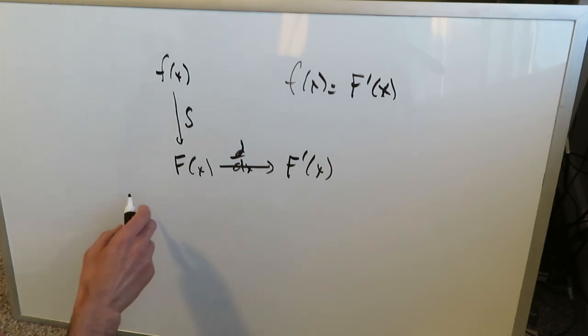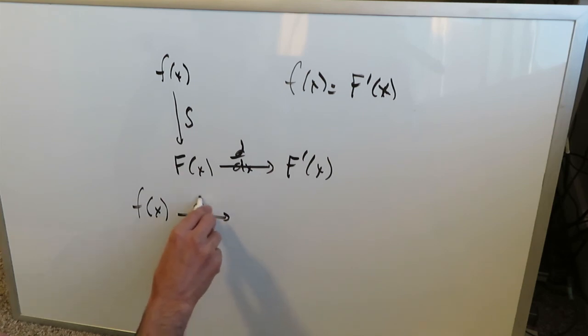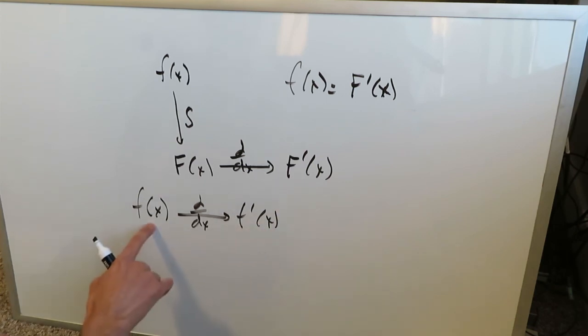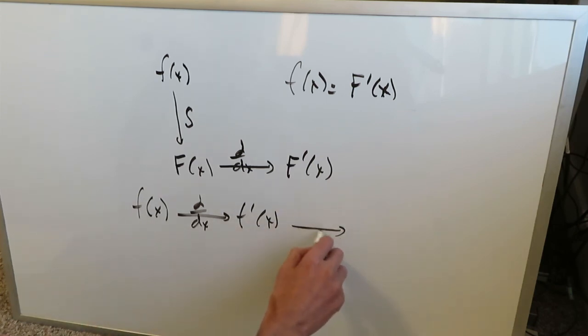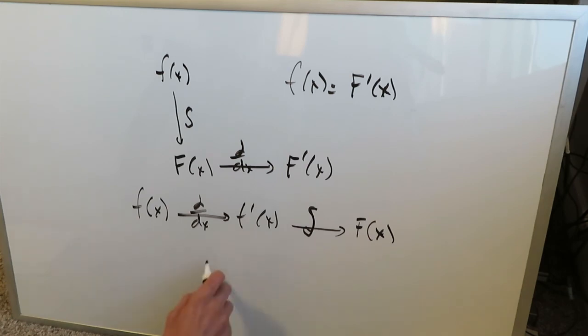You can also look at it in the other way. If you have an original function and you take its derivative, you're ending up with something which looks like this, the derivative of your original function. Now if you take its integral over here, you're going to end up with an antiderivative. This antiderivative will be the same as your original function.